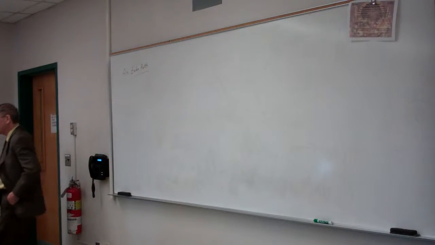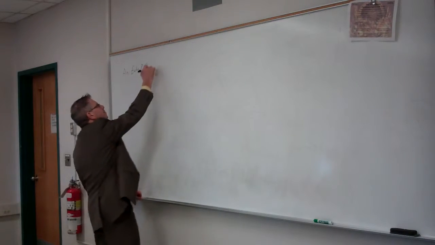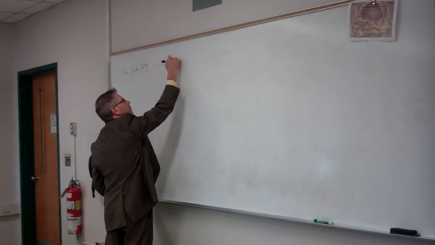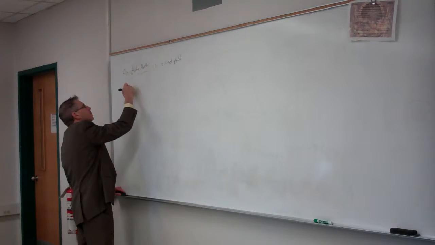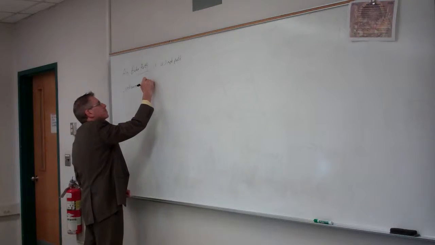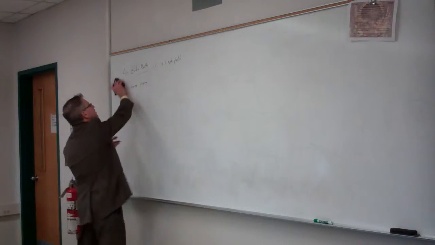So let's define an Euler path. It's a simple path containing every vertex, containing every edge. All right, back up. Let's talk about paths first.